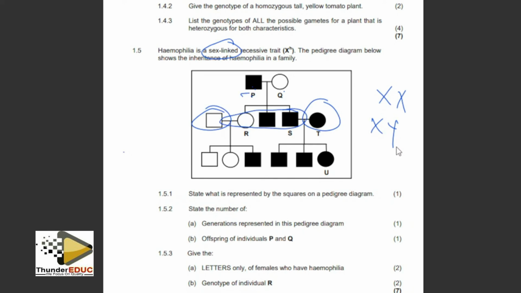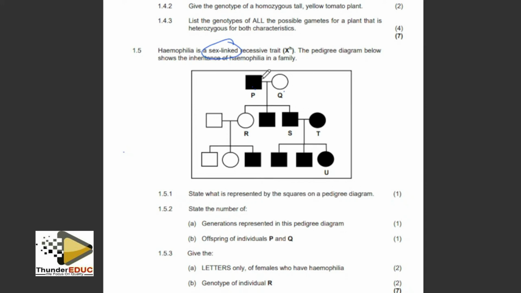You understand? They can ask you what is the genotype or phenotype of P or Q, whatever they can ask. But if it is shaded, it means that individual is affected. Now, they are saying, state what is represented by a circle.